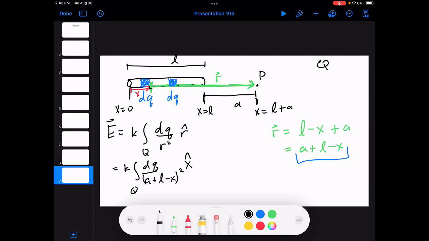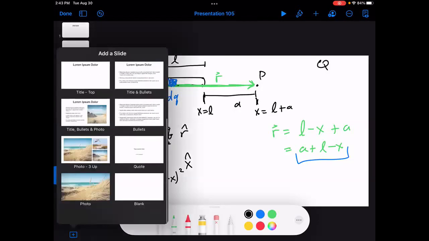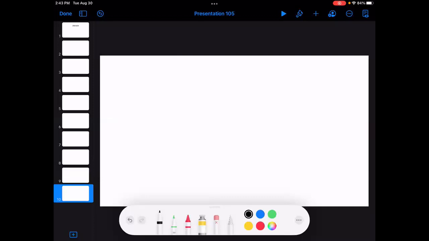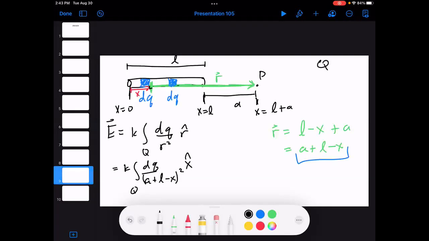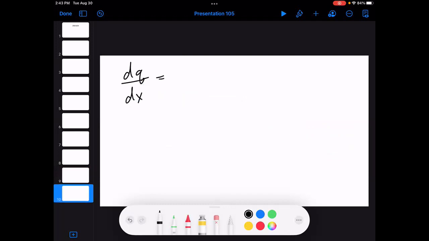And that's what we're going to do here. Well, this was uniformly charged, remember? So no matter which little chunk I take, the amount of charge per length will stay the same. So I can say dq over dx, where dx is the length of one of these little chunks, is the same as the total charge over the total length.